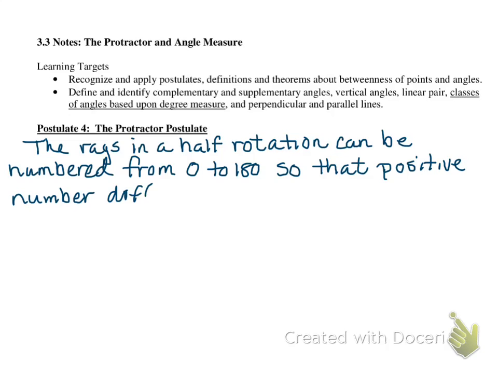Now before, on the ruler postulate, it gave distances. In this case, since we're talking about rays and measuring the difference between their positions in a half plane, the positive number differences measure angles.